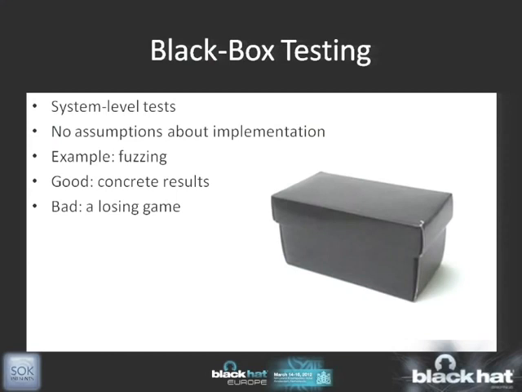The good thing about black box testing is you have really concrete results. If you go back to your developers and say, hey, this is a problem in your application, and your developer says, no, that's perfectly fine, well, you can actually show him, and you can wipe his database, or do whatever, and then he will pretty much believe you that there is a problem in his application.